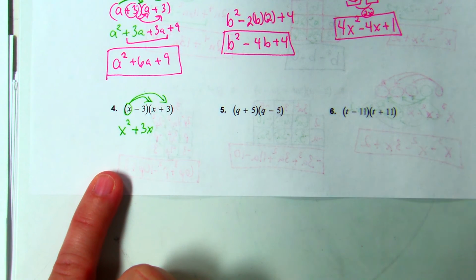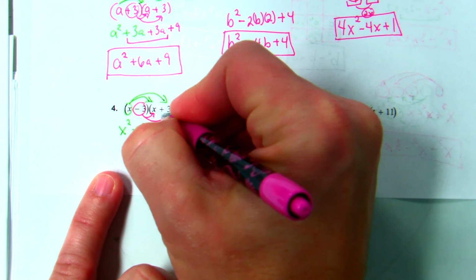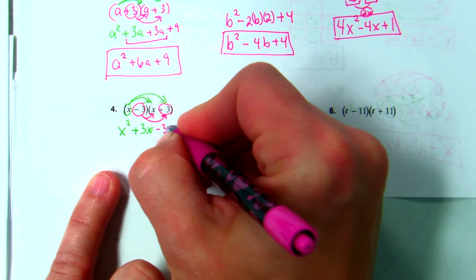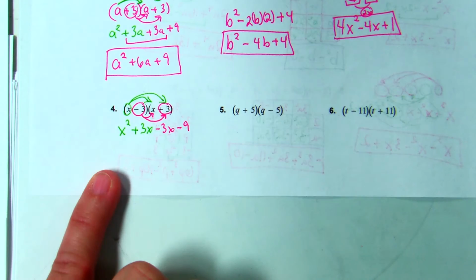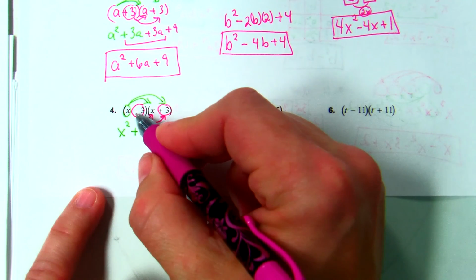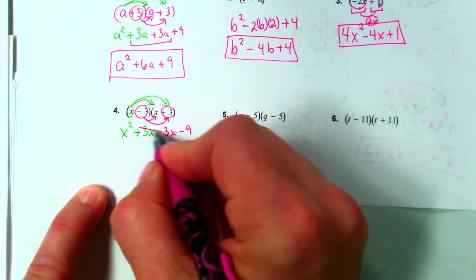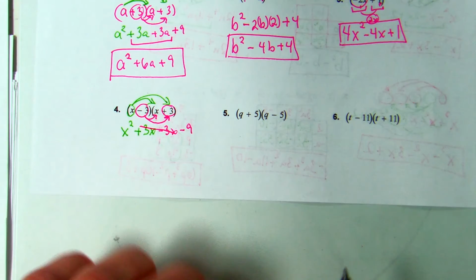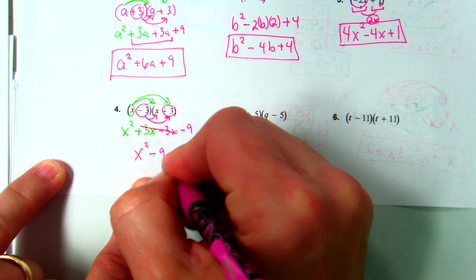On the second part, if we take this negative 3 times x and negative 3 times the positive 3, we're going to end up with a negative 3x, and then we have negative 3 times positive 3, which is a negative 9. Again, because this is a difference of squares, one's negative, one's positive, our middle terms will cancel each other out. And since they cancel each other out, we end up with x squared minus 9.